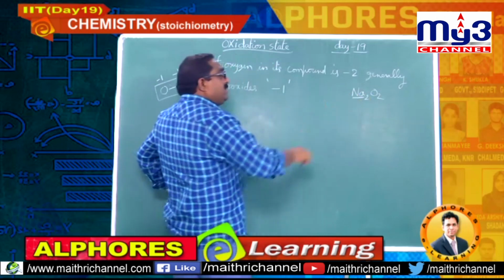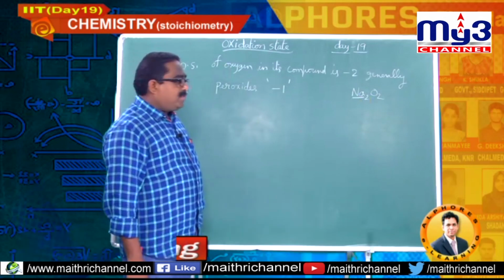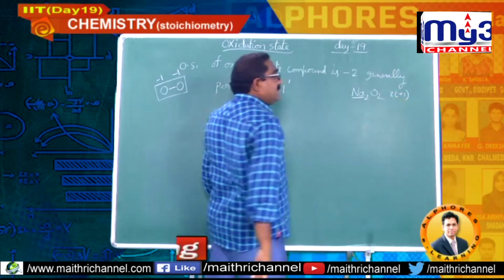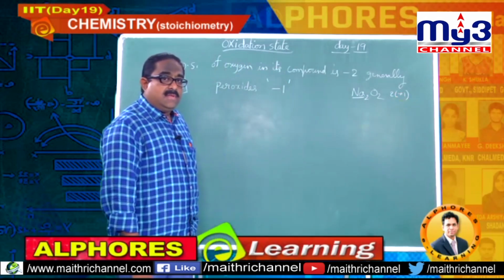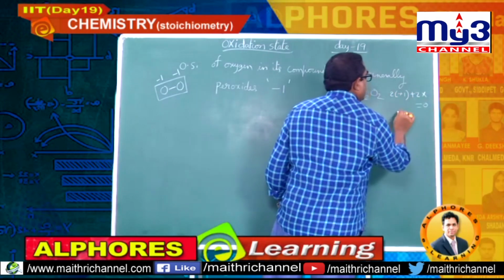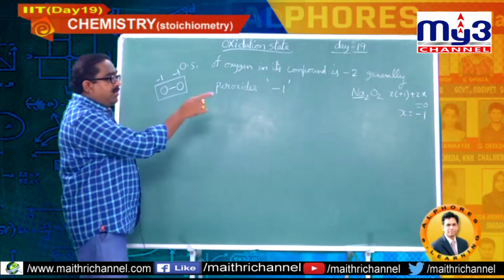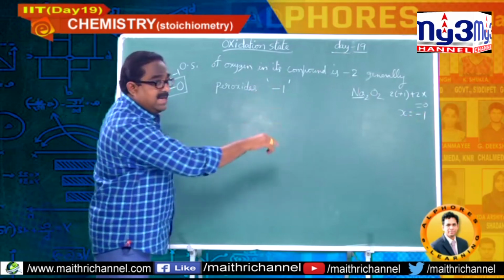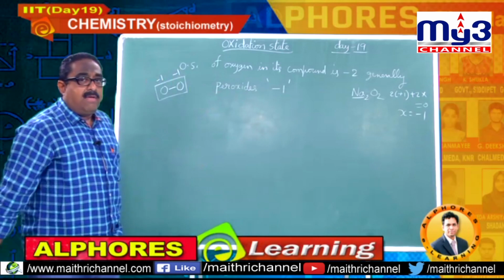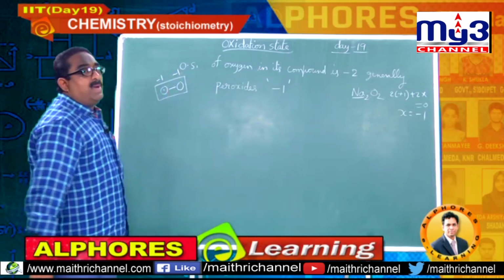The moment you observe sodium, an alkali metal, you can fix its oxidation state as +1. So 2 into +1, and for oxygen 2x, equals 0. So x equals -1. Immediately you can come to the conclusion that the given oxide is a peroxide, not a normal oxide, where the oxidation state of both oxygen atoms is -1.